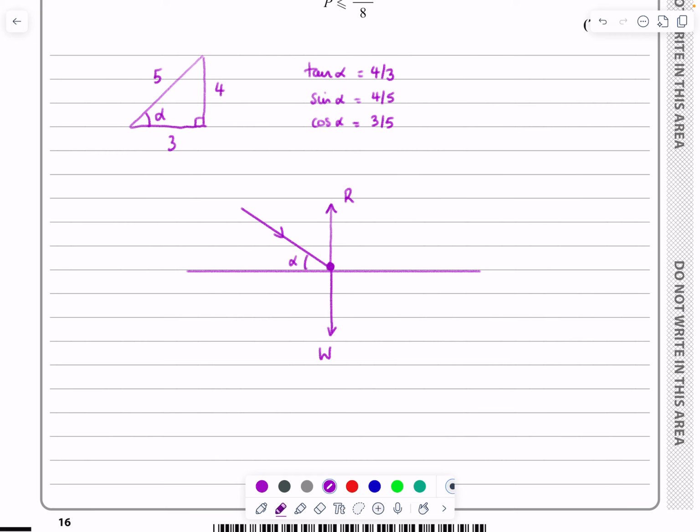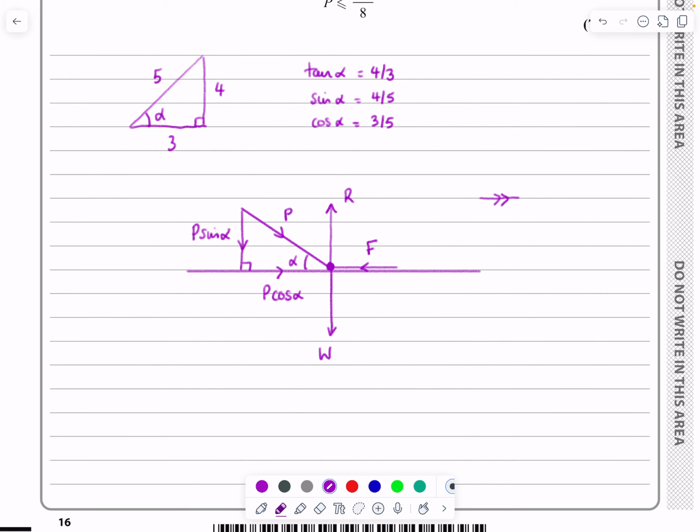So what we can do is to resolve this horizontally and vertically. This is going to be P sine alpha. Let's put one P on there. This is going to be P cos alpha. And then if that force P is acting in that direction, if there were movement, it would be in that direction, which means the frictional force, which is opposing motion, should be in the opposite direction there.